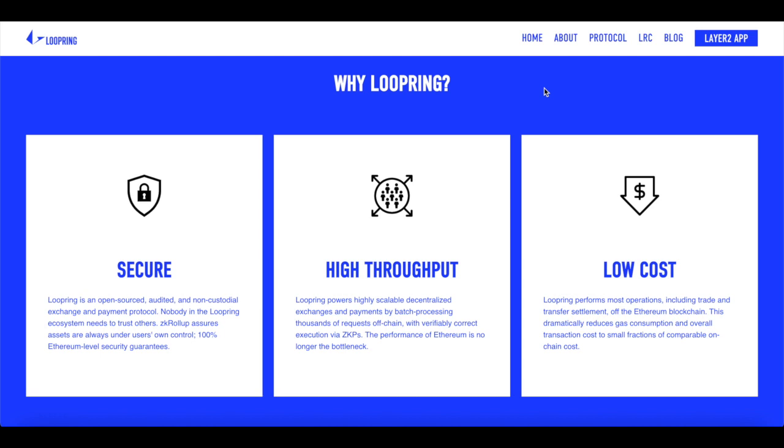Loopring asserts its exchanges can offer faster settlements for traders, rather than settling trades on the Ethereum blockchain directly. ZK rollups enable Loopring exchanges to complete key computations elsewhere. The idea is that they can reduce the number of transactions that a Loopring exchange will need to submit to the Ethereum network, thus increasing speed and reducing costs for traders.